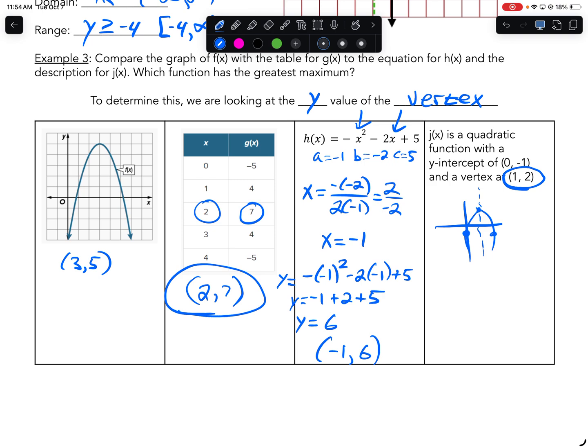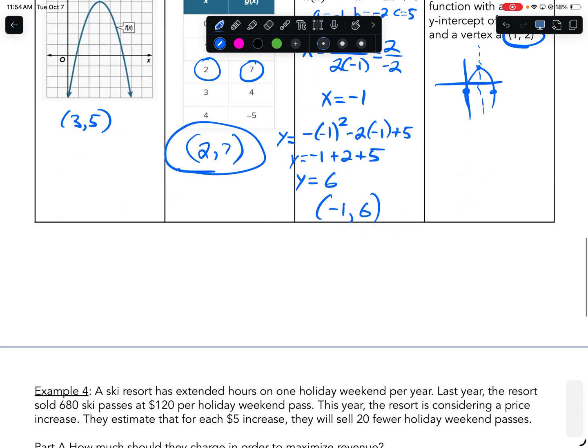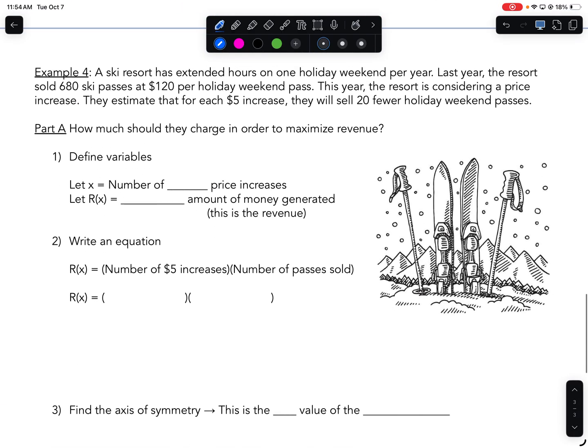All right, we have one big problem left and then homework time. So you got to buckle up for this one. It's got a lot of stuff going on. So example 4 says a ski resort has extended hours on one holiday weekend per year.